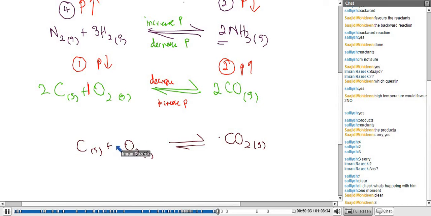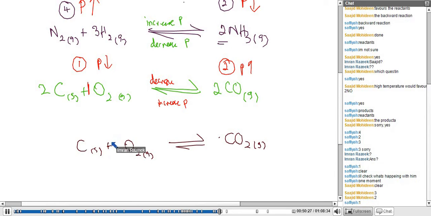Oxygen is 1 here, 1 molecule. Just count the number in front, not this 2. You don't count 2 plus 1, 3, because this is just oxygen, 1 molecule here. Safia, how many gaseous molecules are the reactants here? Sajid, I need your answer again. The correct answer, Sajid.